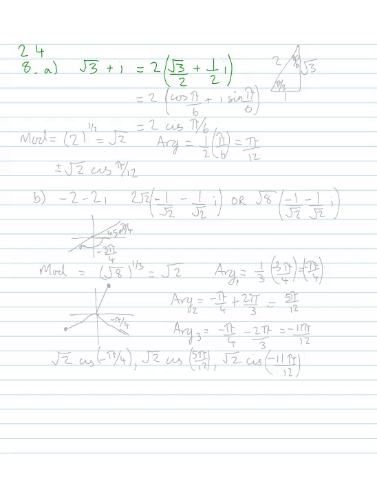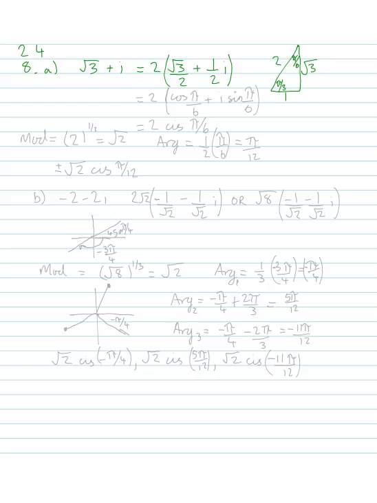Now the reason that's beneficial is because 2 becomes the modulus sitting out the front there, and we just need to use our exact value triangles to figure out that we've got 1, 2 and root 3 here. And root 3 on 2 is cos of pi on 6, and sine of 1 on 2 is pi on 6, which means our argument is pi on 6.